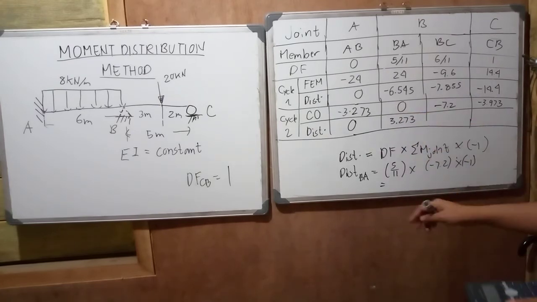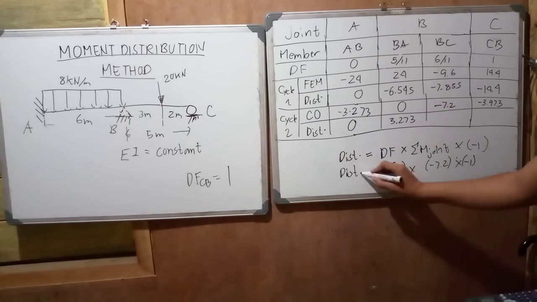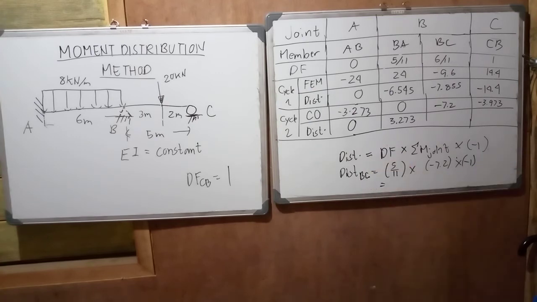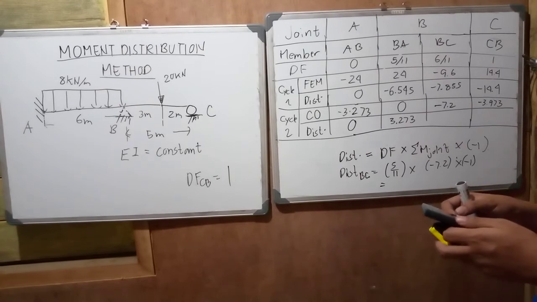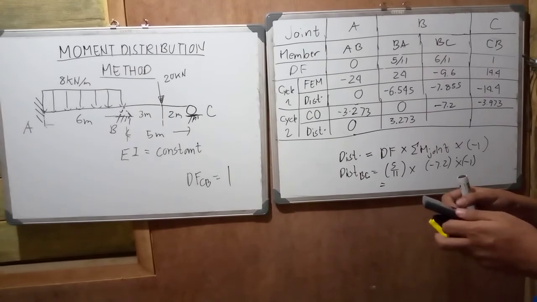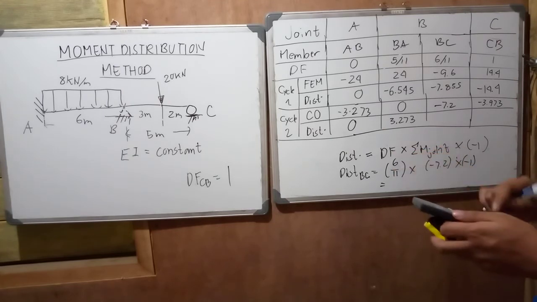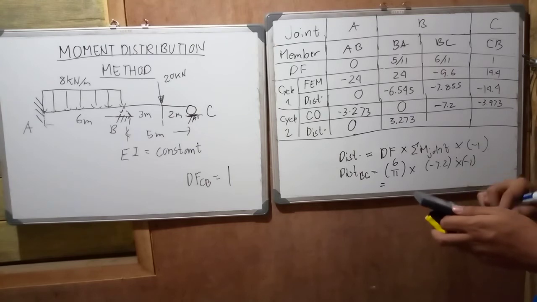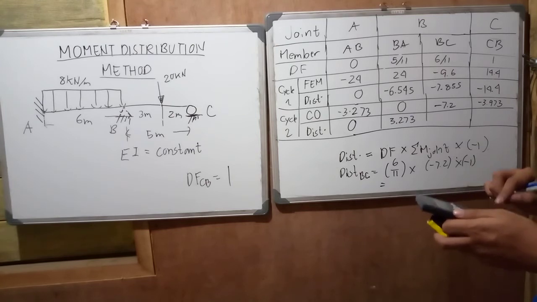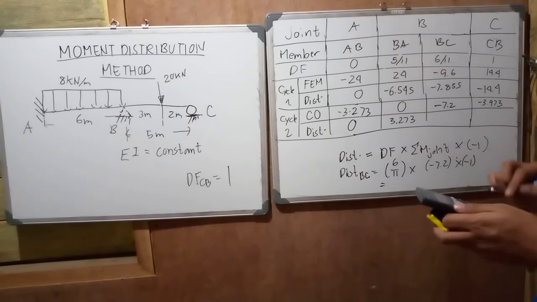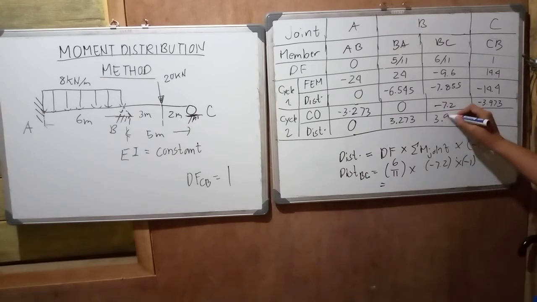And then, dito na side, kay BC, okay? So, kay BC is 6/11 to. Okay? So, 6 divided 11 times negative 7.2 times negative 1 is 3.973. Okay?